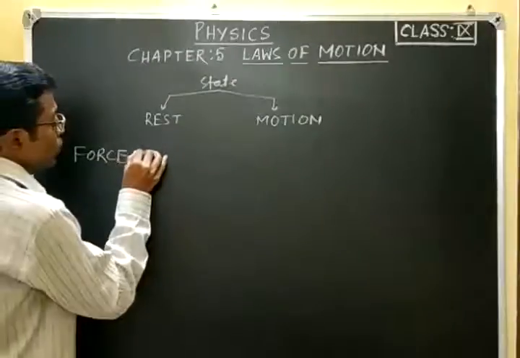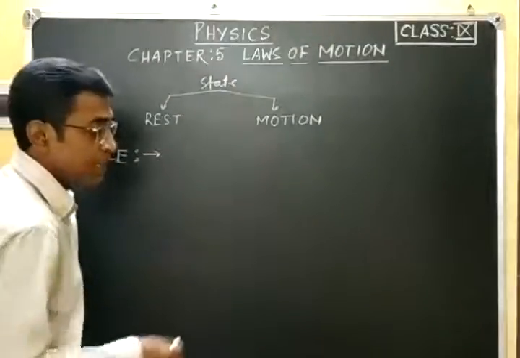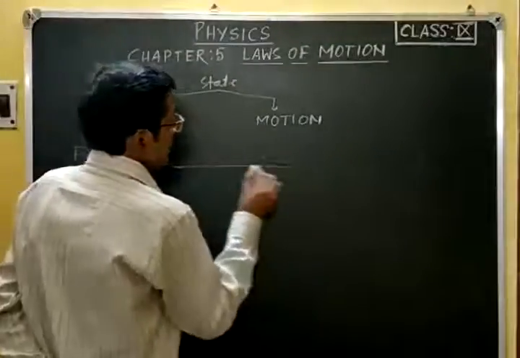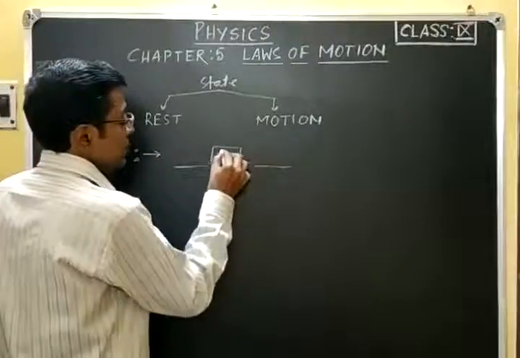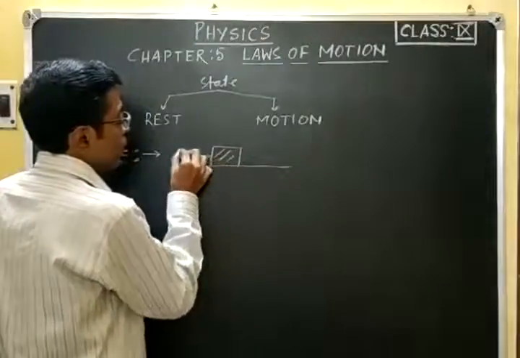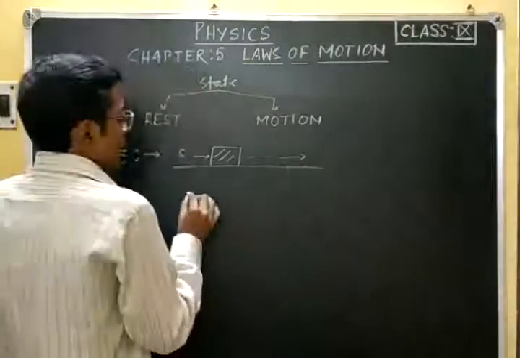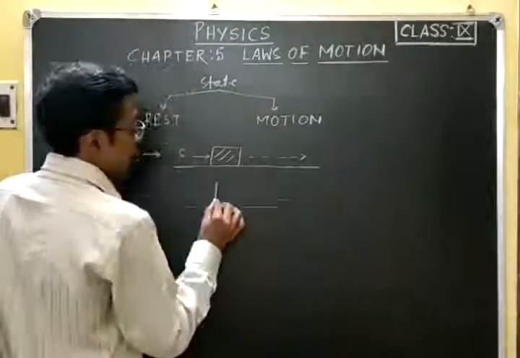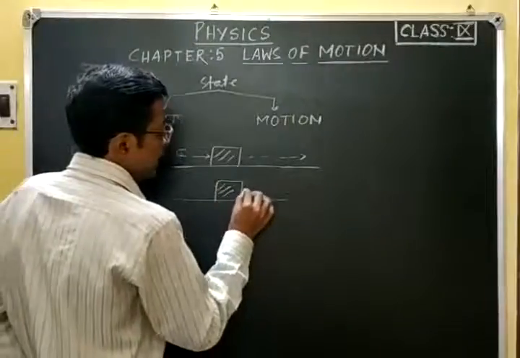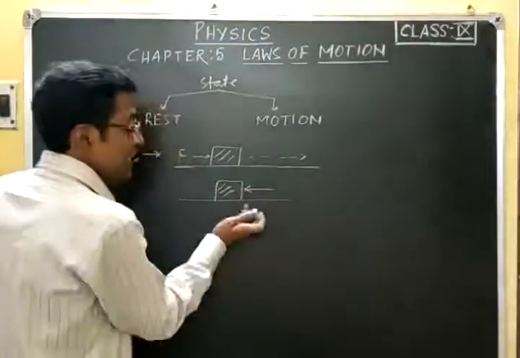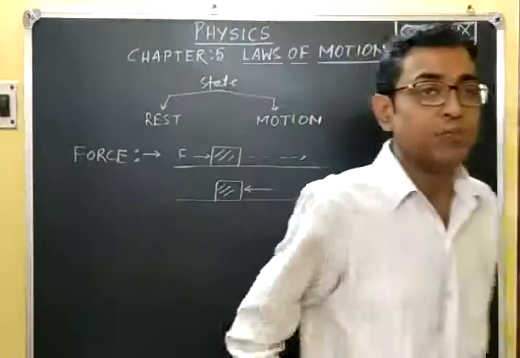We all know force is the external cause which can move the body, that is, if applied on an object, the object moves. And if force is applied opposite to the direction of motion, then that force will stop the object.